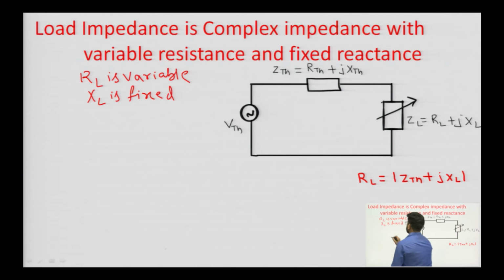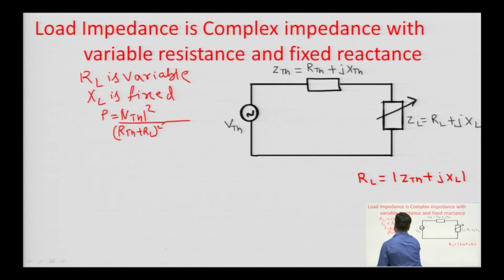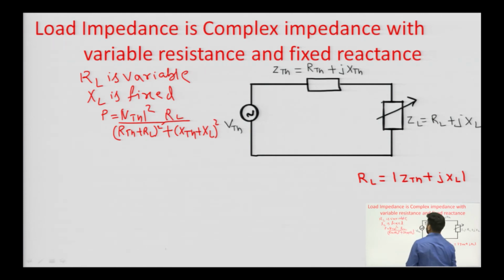In that case, power equals V T H square divided by the whole square of R T H plus R L, plus the whole square of X T H plus X L, multiplied by R L.